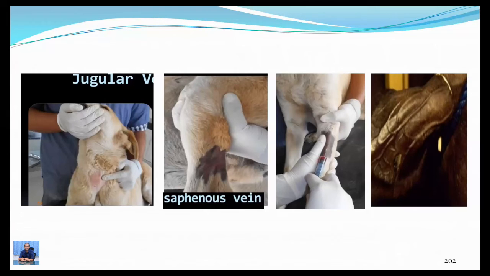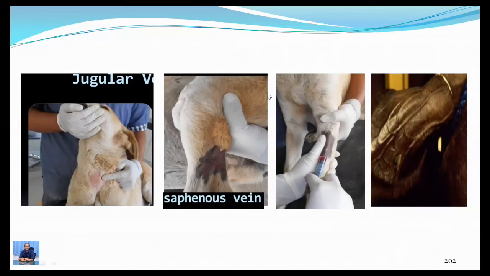The thing is, whenever you are injecting any drug intravenously, it directly goes to the heart. The first organ with which the drug will come in contact is the heart, no? Maybe through the jugular vein or any other vein, like the saphenous vein, here in the hind leg, the vein is right here.